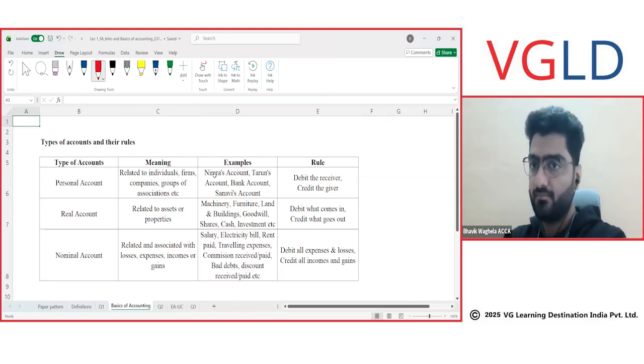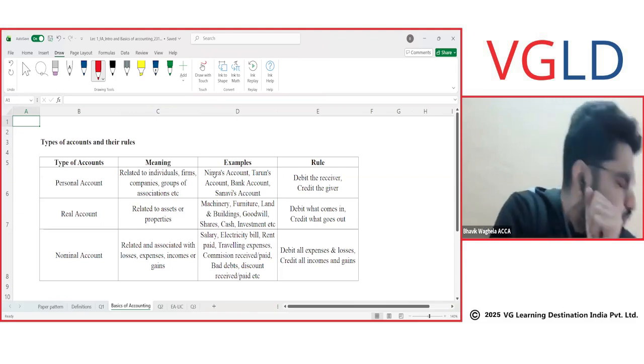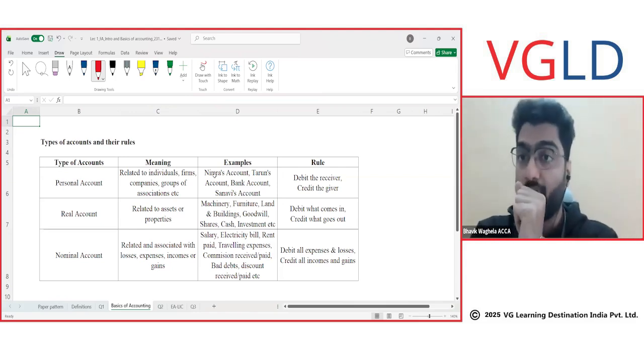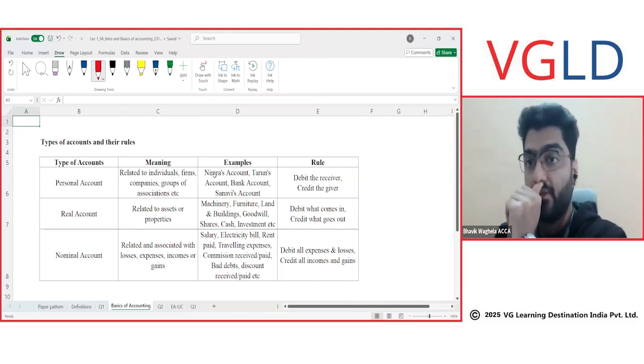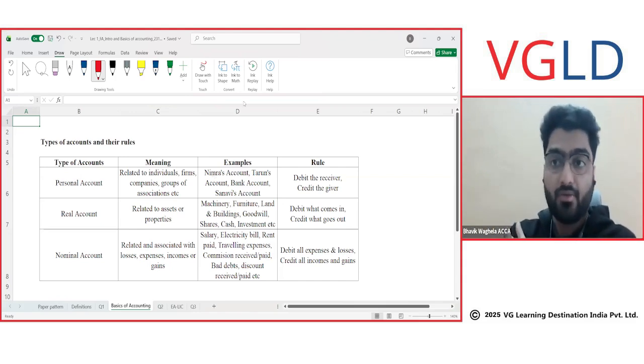Because what I feel is, for every transaction that we come across, firstly we have to identify two accounts. Once we identify them, we have to classify them into personal, real, and nominal. Then we recall the rule of personal, real, and nominal, apply the rule, and then decide the journal entry.